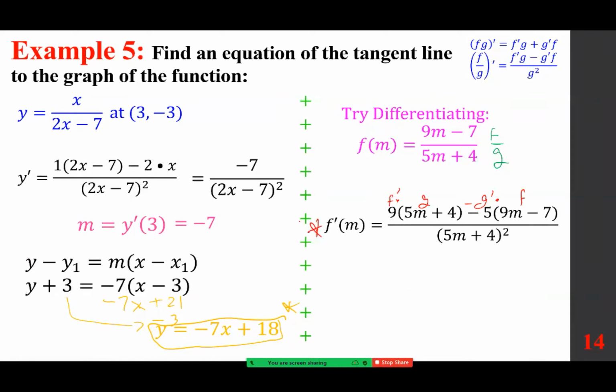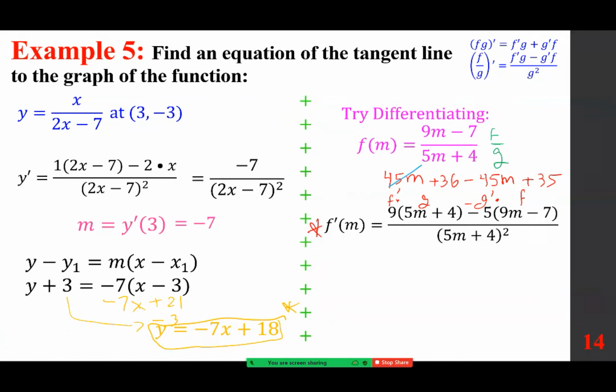We are going to distribute, which gives us 45m plus 36 minus 45m plus 35.